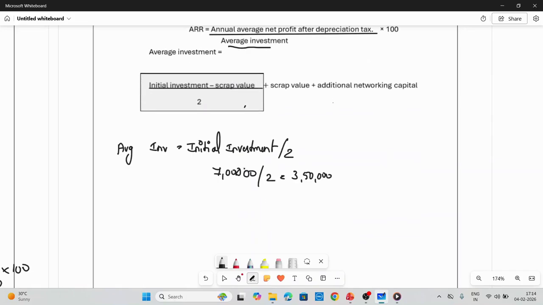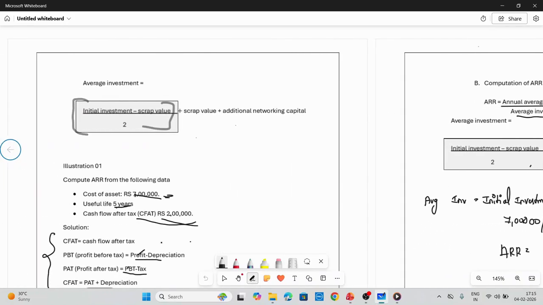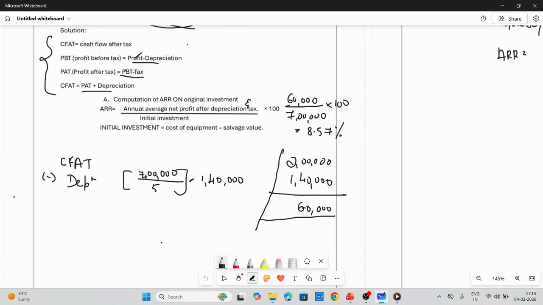ARR is equal to, what's the annual average net profit after depreciation and tax? We have calculated it earlier. It's 60,000.